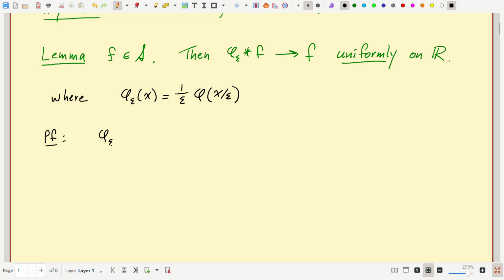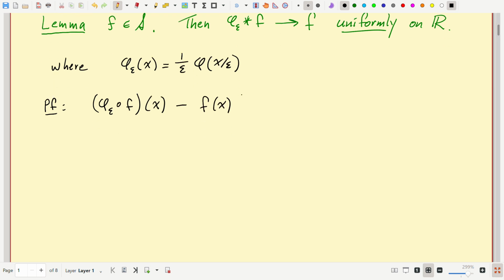So, phi epsilon convolved with f at x, minus f of x, stands for the integral of phi epsilon of t, and I put the x minus t in the f part. It doesn't matter what order you do this in, so I can pick my favorite.